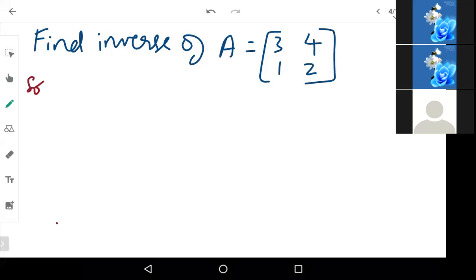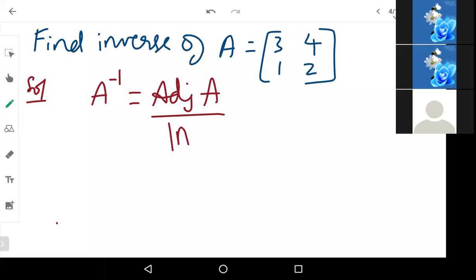Solution: A inverse is equal to adjoint A divided by determinant of A. So this is the formula, adjoint A by determinant of A. Now we have to first find determinant of A.